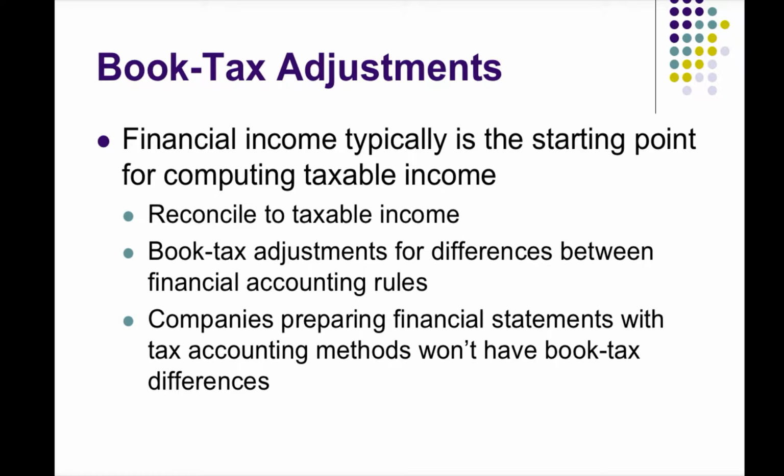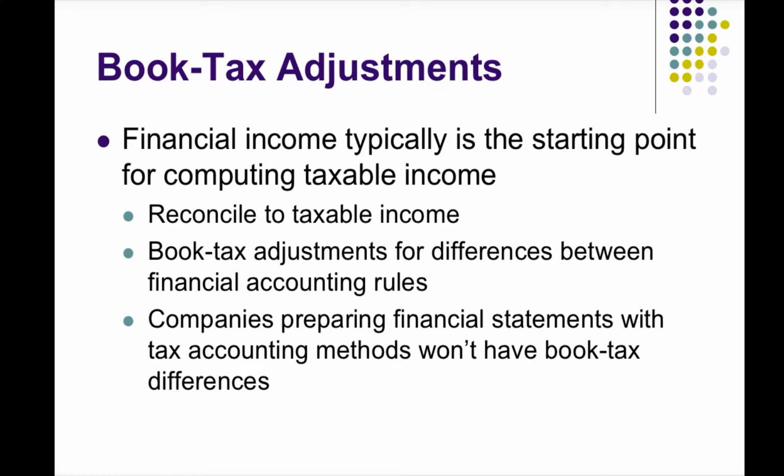You're going to have to keep track of things for your tax purposes, and for your GAAP accounting reporting purposes. So what that creates is some differences. If you're using different rules to do your accounting with these two different sets of books, then obviously some of the numbers are going to be different.